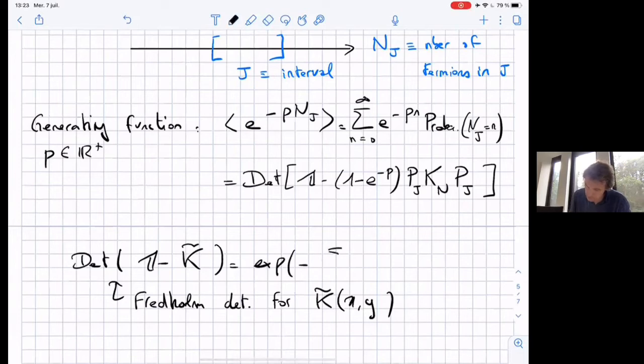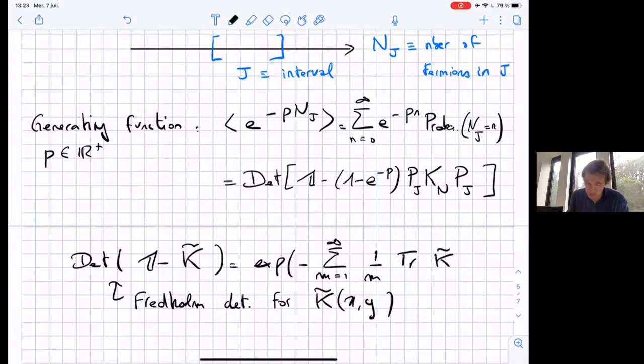So this is just the sum from m equals 1 to infinity of 1 over m times the trace of k tilde to the power m.